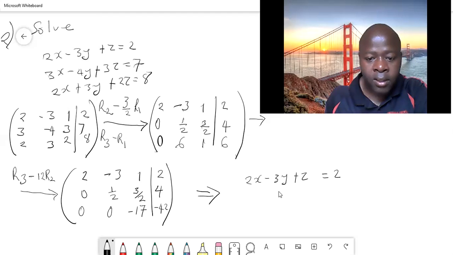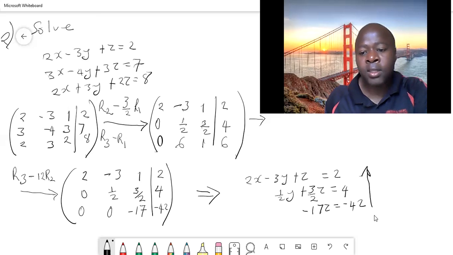The second row means a half of y plus 3 over 2 of z is 4, and the last one means negative 17 of z is negative 42. So we solve from down going up as we did in our first example.